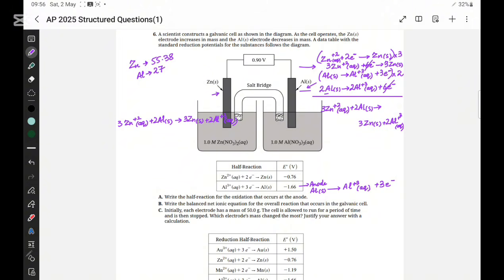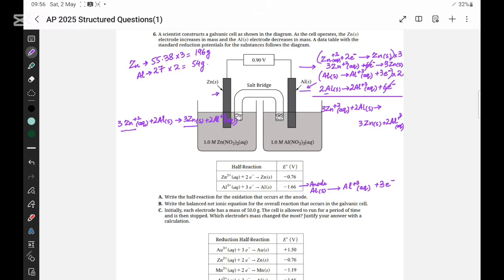We can see that there are 3 moles of zinc reacting with 2 moles of aluminium. So for 3 moles of zinc, we multiply by 3, which comes out to be 196 grams, and aluminium is multiplied by 2, which comes out to be 54 grams.